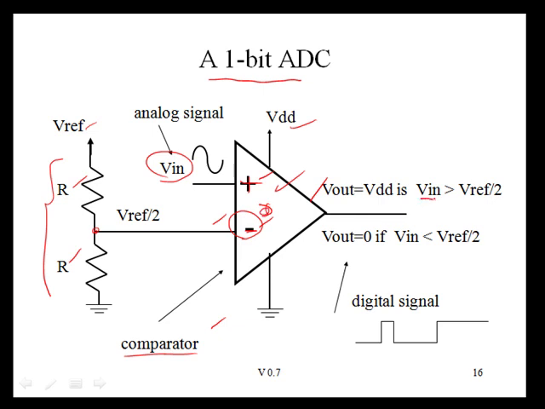So in this case, if Vn is greater than Vref divided by 2, our output's going to be VDD, or we'll call that a digital 1, while if Vn is less than the minus terminal voltage, then the output is going to be a digital 0, for the case of Vn less than Vref divided by 2. So in this case, we have a 1-bit ADC. We can tell if Vn is above Vref divided by 2 or if it's lower than Vref divided by 2.